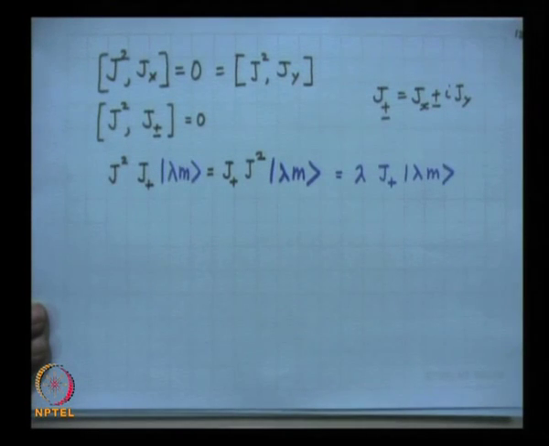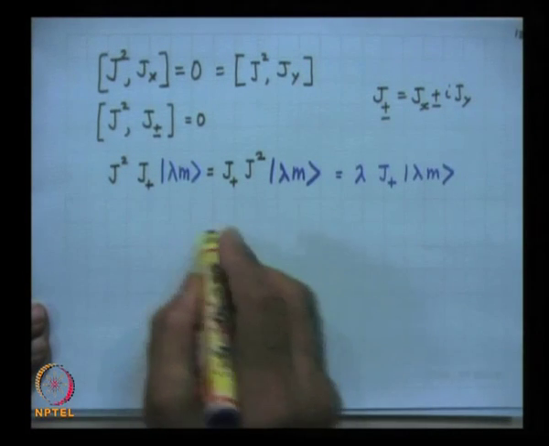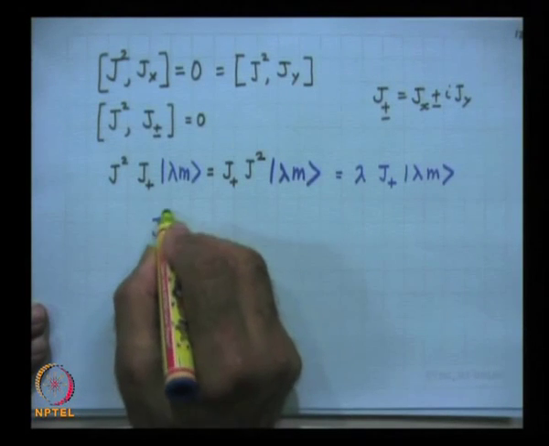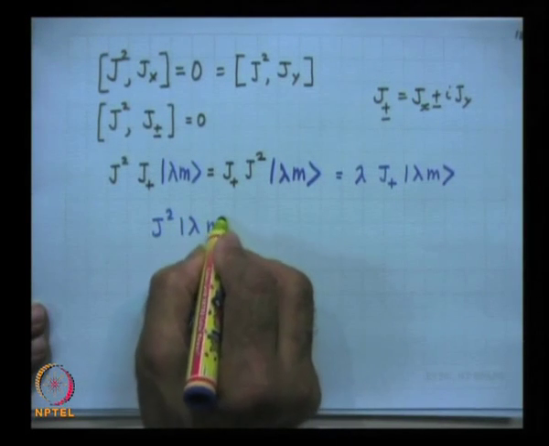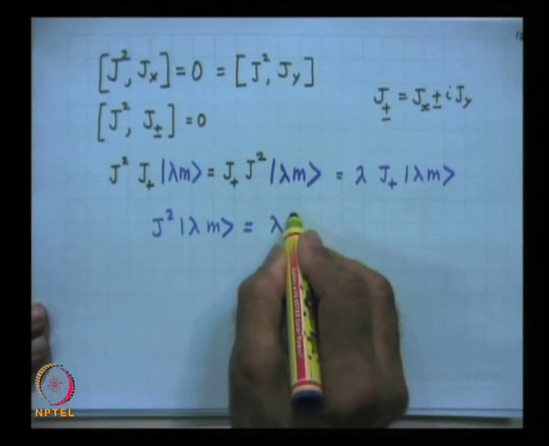Thus, what we had started out with is j square ket lambda m equal to lambda ket lambda m.